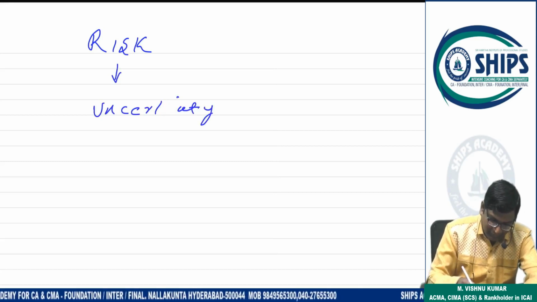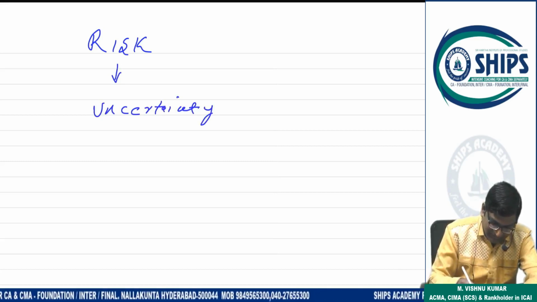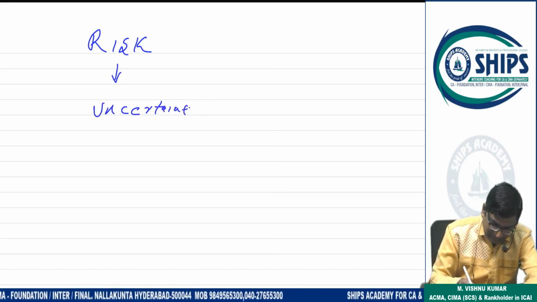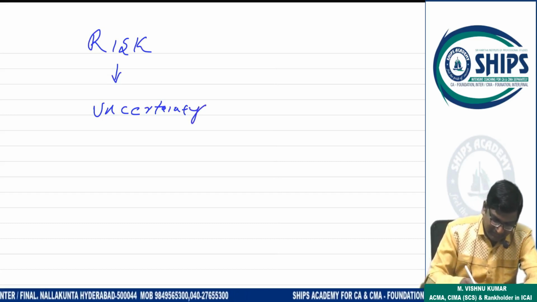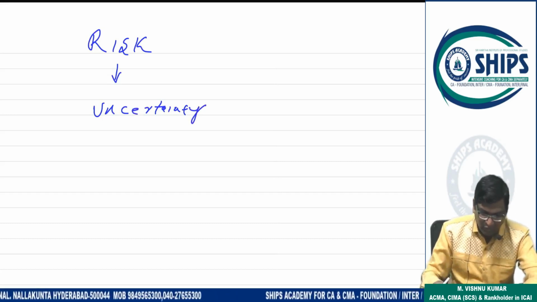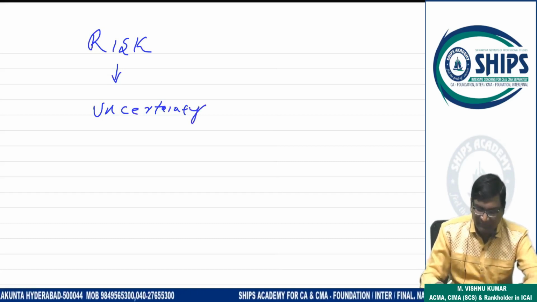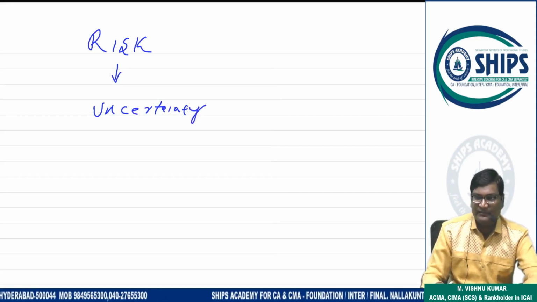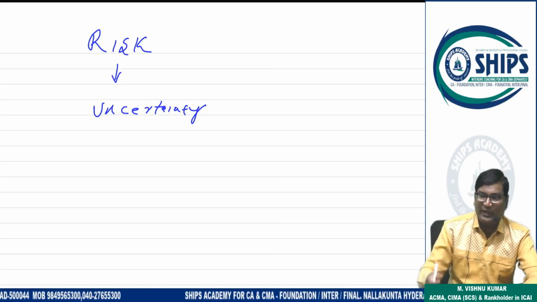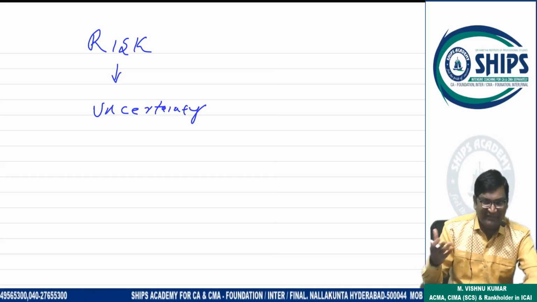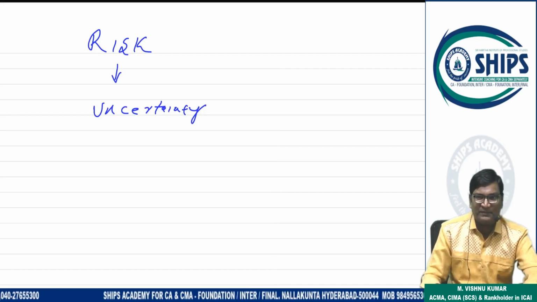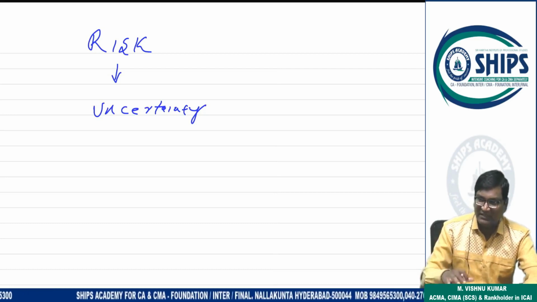If you are certain, there is no risk. Whenever there is uncertainty, the risk factor will be there. Always remember, risk will arise due to uncertainty. Uncertainty means what is going to happen, we don't know. Paper will be simple or difficult, we don't know. Result will be less or more, we don't know.